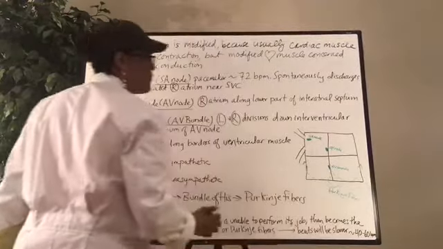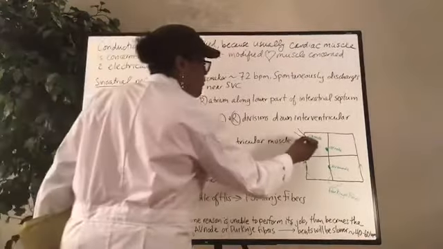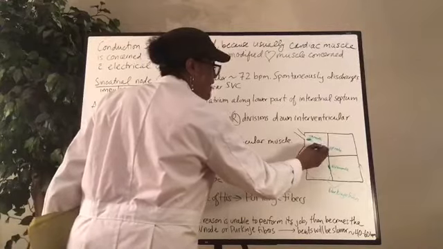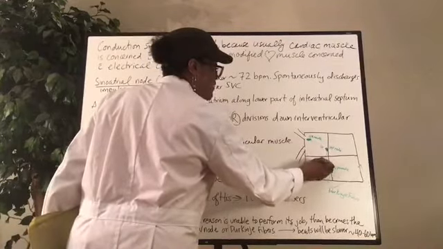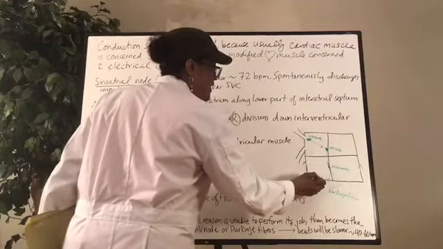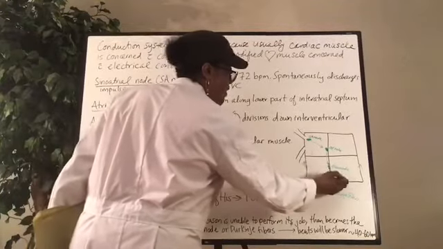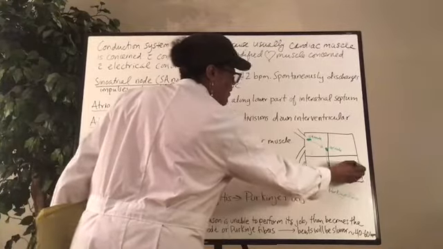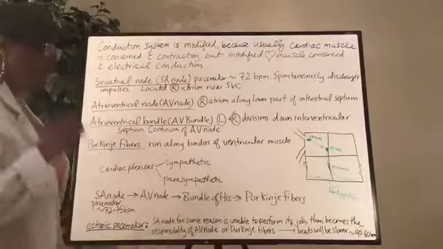Okay? So it's going to go from SA node to AV node to AV bundle, and then here along the ventricles.